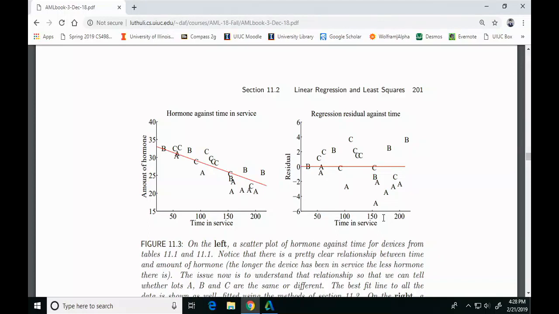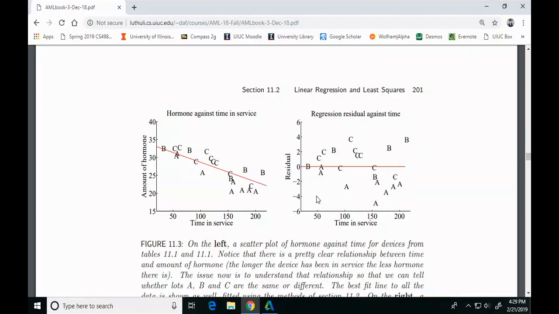One thing you can do is use regression to basically eliminate forms of variance. Here we did a regression against the time in service and the amount of hormone that's released. We take away that factor by looking at just the residuals, which is what's left over when you remove that regression value. And now it's much clearer that there's something weird going on with batch A versus batch C. Batch A seems to last longer, but we probably don't care about that.